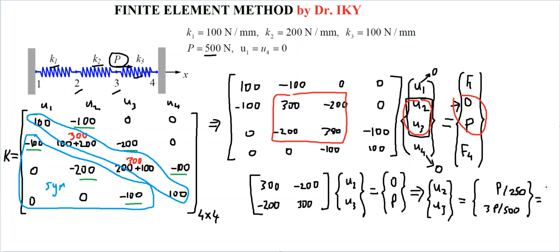And we can finally say that it is 2 and 3. U2 is equal to 2 millimeters, U3 is equal to 3 millimeters.